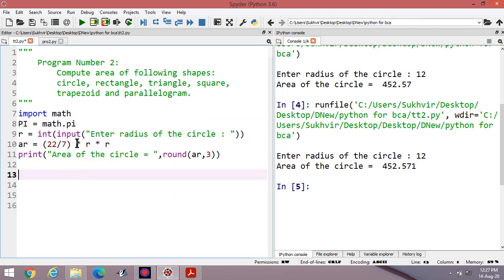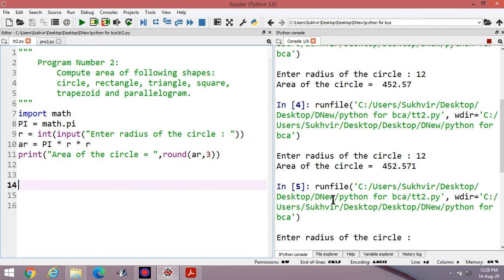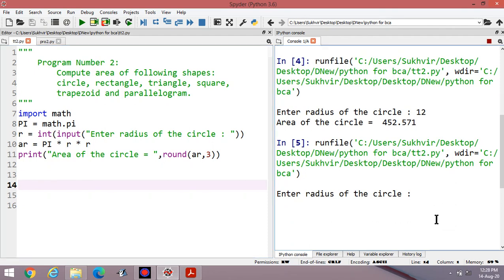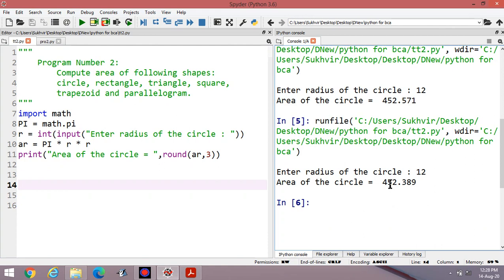Here you can write pi star r star r, means pi r square. Now execute the program again. If I am writing 12, you can see the output 452.389.